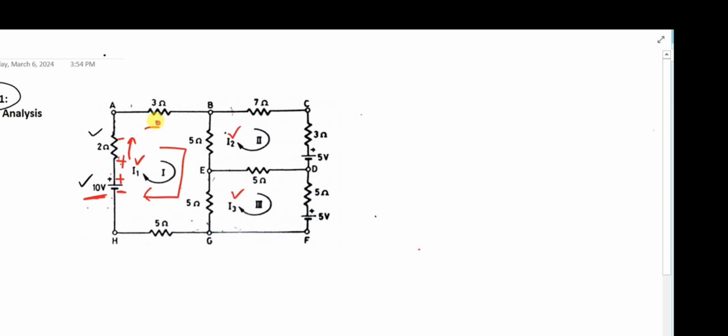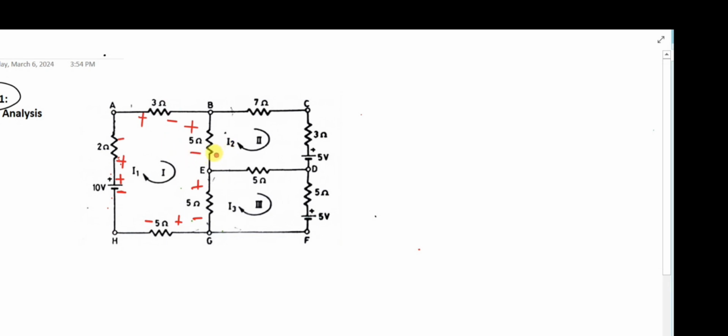Similarly, current will flow this way, so this will be positive, this will be negative, plus, minus, plus, minus, plus, minus. That way your concept gets clear. Once it is clear, the chances of making mistakes or getting confused will reduce, so you can watch this again to be clear. Let me erase all of this.